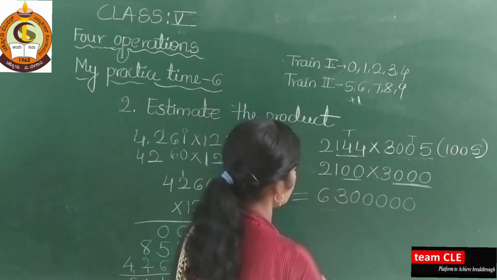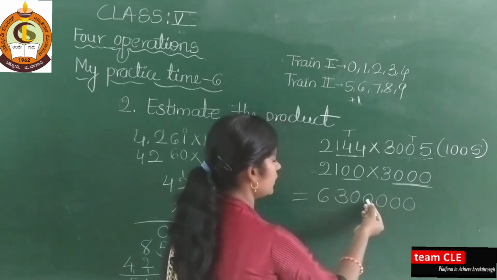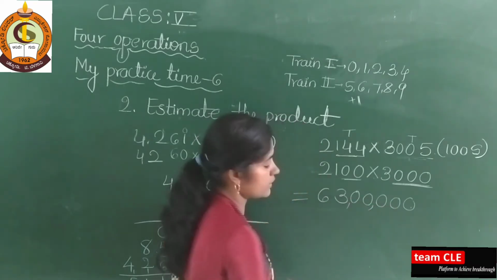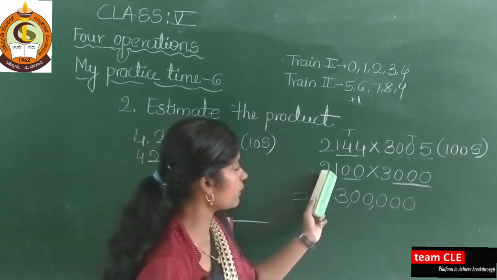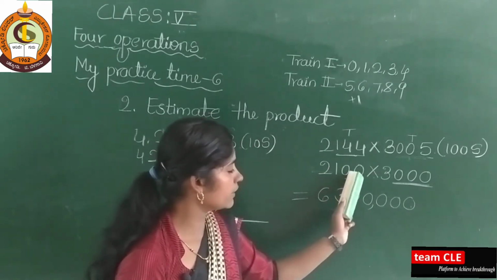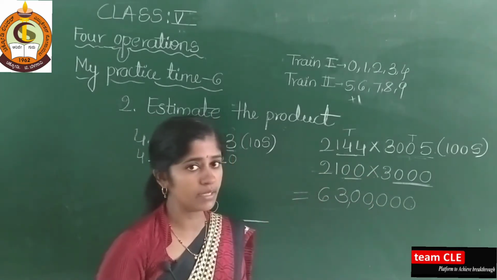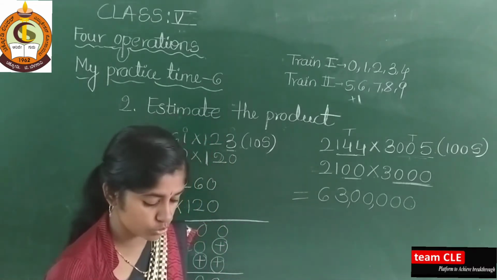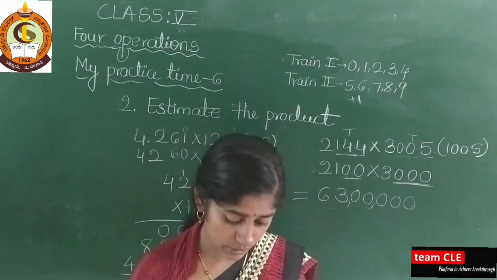So its answer is 6 lakh. So first multiply 2 3s are 6, and the remaining zeros you keep at the end of this number. In this step you have to round the numbers and find the product.